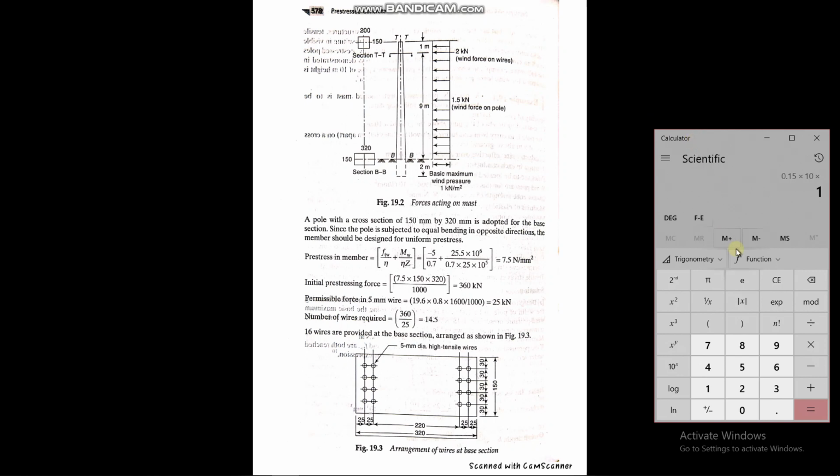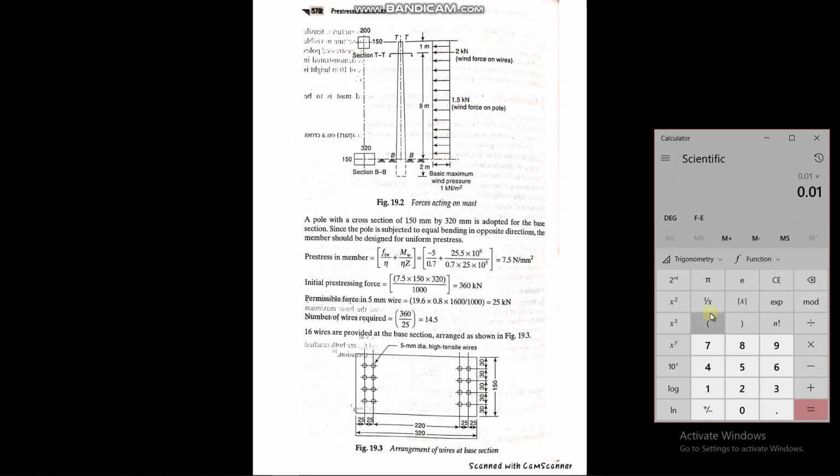So we have 10 millimeter, that is 0.01 meter, multiplied with 0.01 meter into the poles are spaced at 100 meter apart, right?